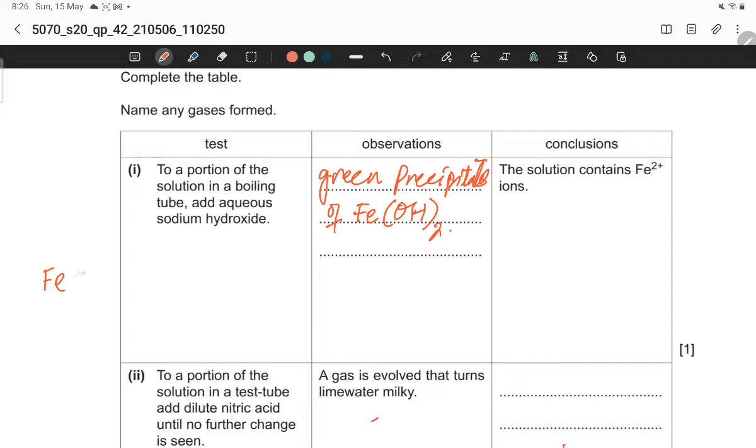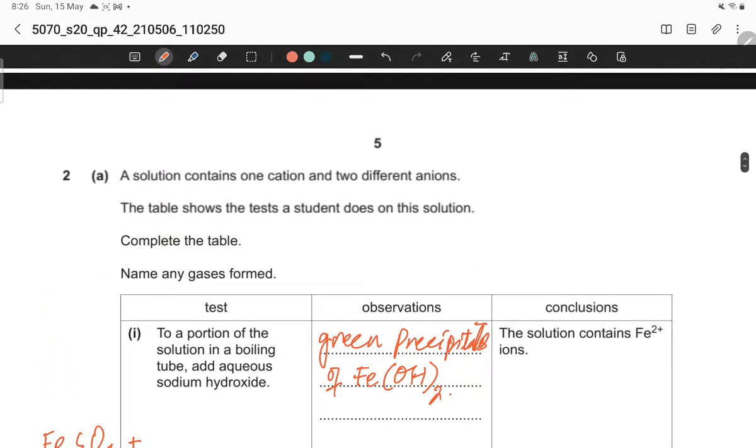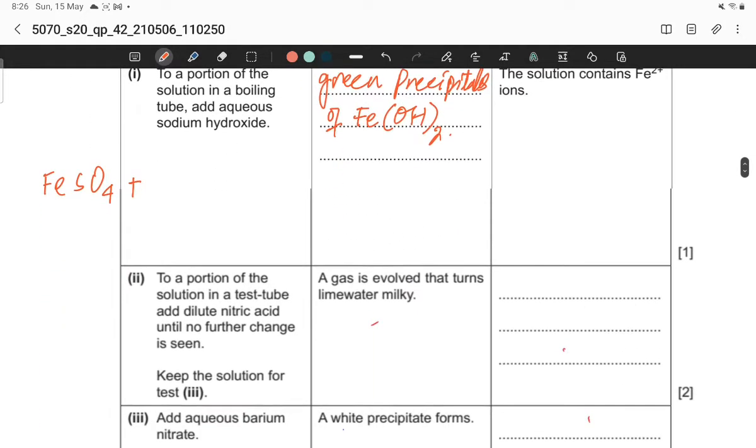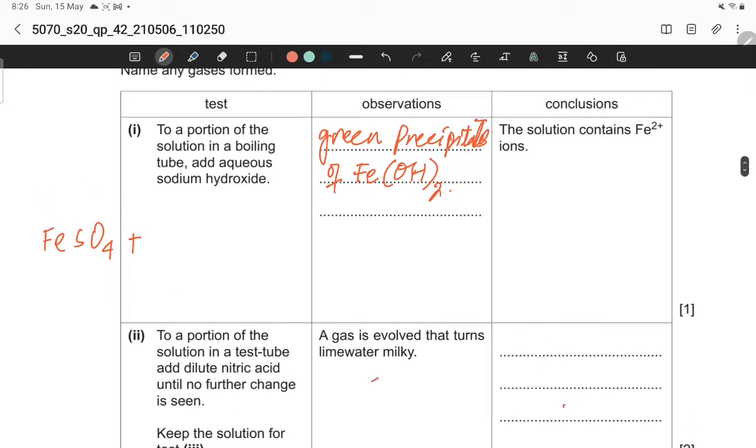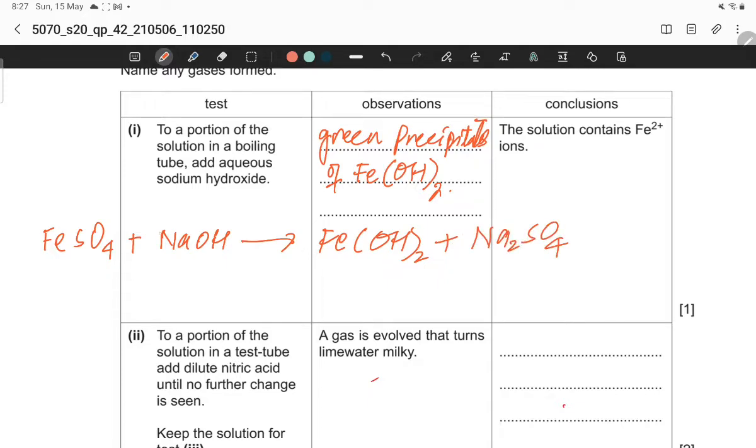You can look at this reaction. Iron 2 ion, any iron aqueous salt you can use, for example iron 2 sulfate, plus sodium hydroxide to form iron 2 hydroxide plus sodium sulfate. So this is the chemical equation.